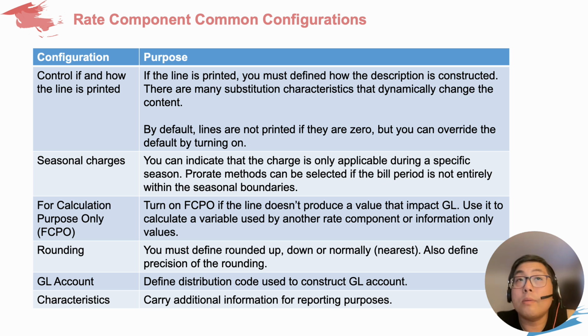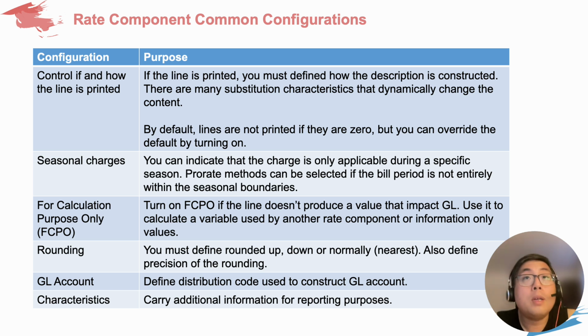So this is quite an important feature, and it's quite often used. It lets you understand that not all the lines are printed on the bill, and this is one of the very important reasons.